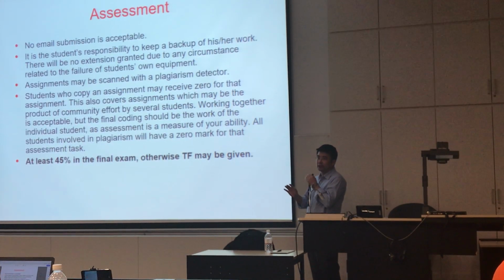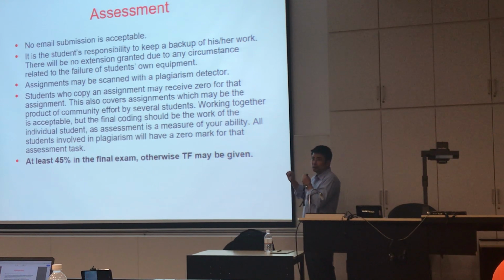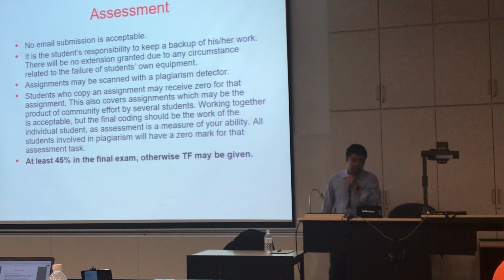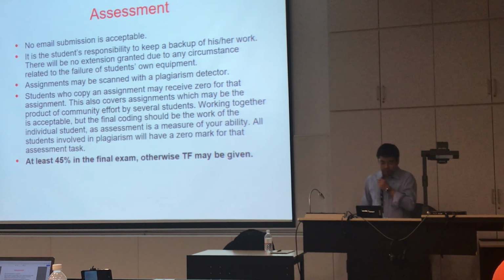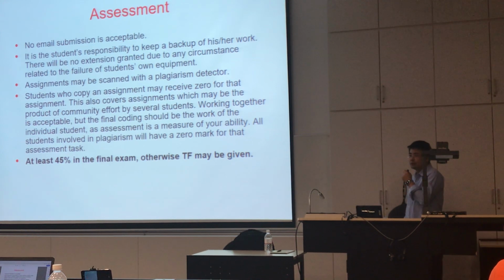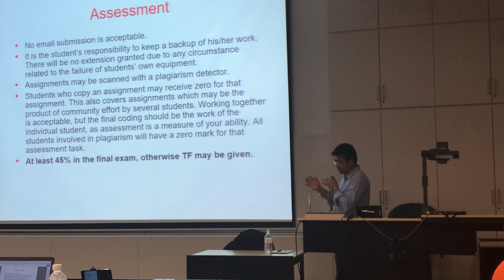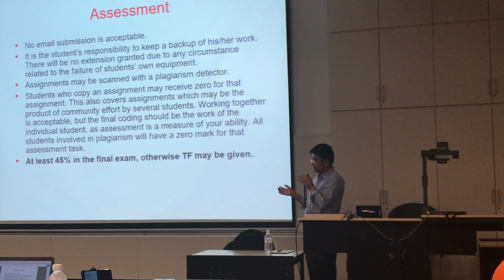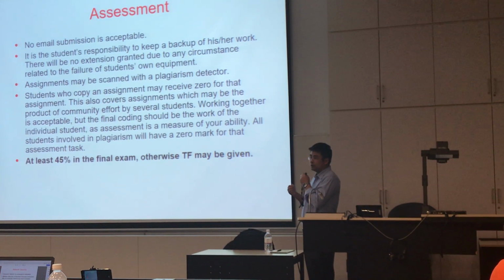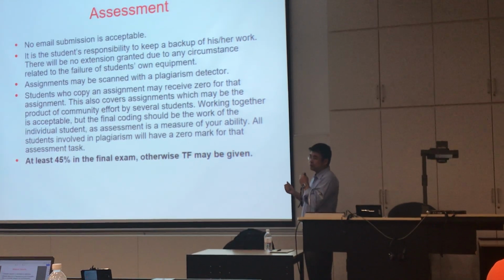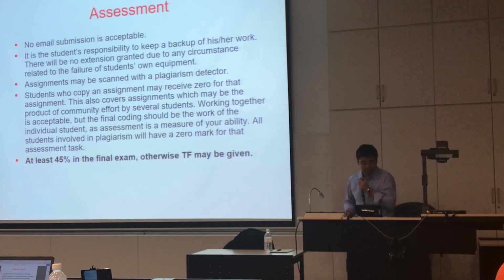If you study other subjects, this is a common rule for the UOW subject: 45% in the final exam. Even if you achieve overall more than 50 marks in the subject, but your exam mark is less than 27, you will still receive this technical fail, right?